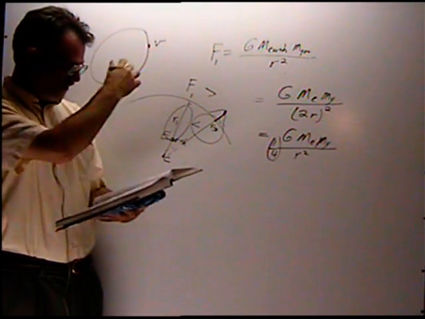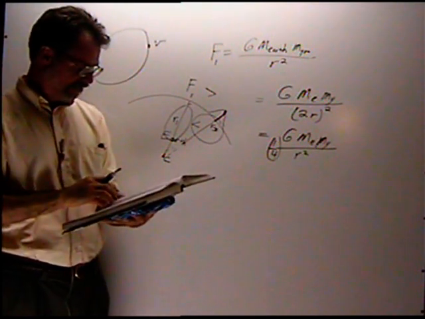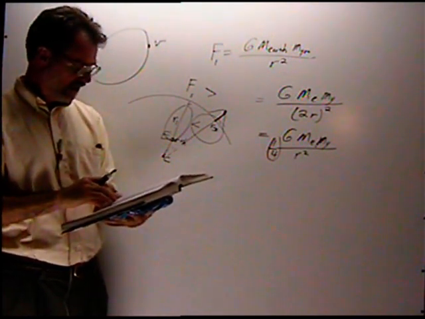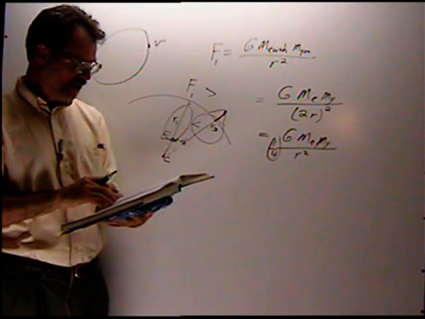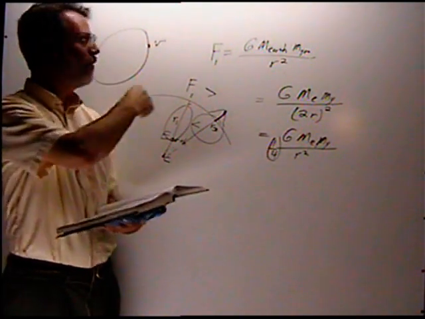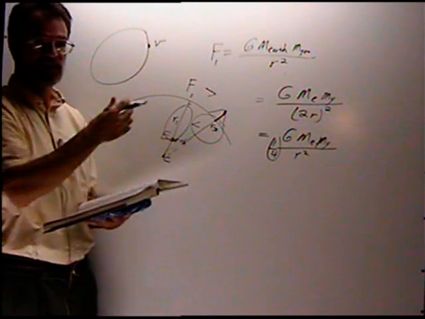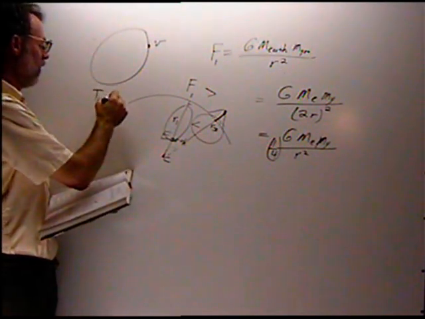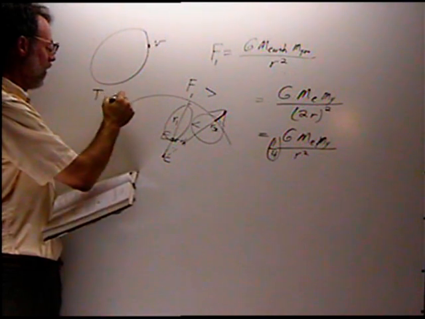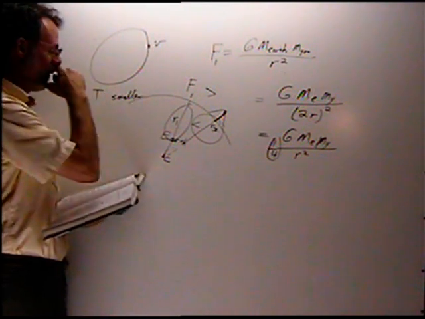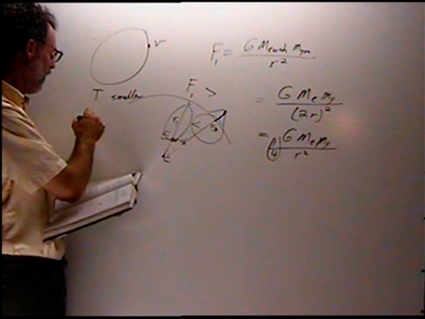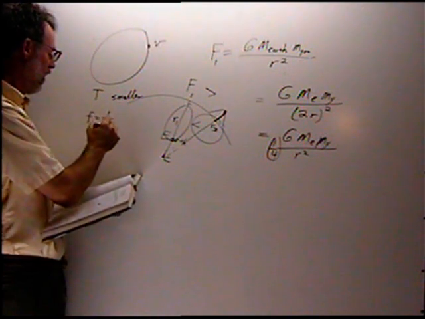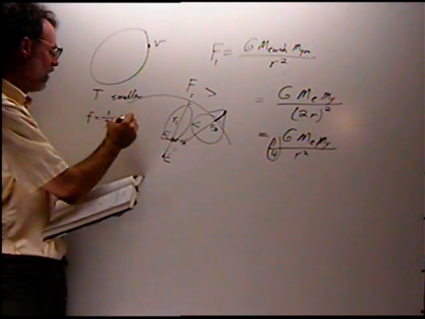It's traveling in the same circle, but it increases its speed. When it increases its speed, it goes around the circle faster, so that means its period gets smaller. The period gets smaller because it's traveling faster. If the period gets smaller, then the frequency, which is 1 over the period, gets larger.